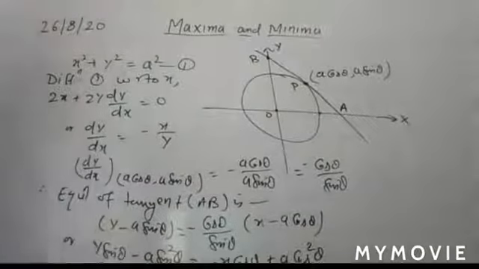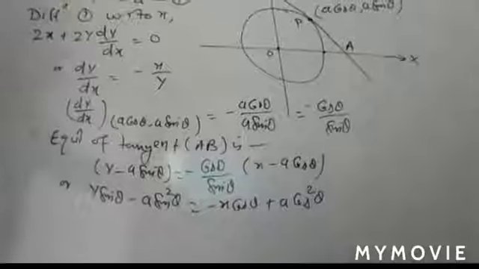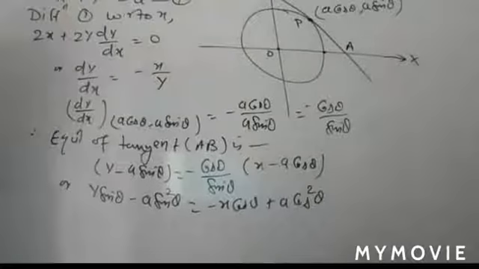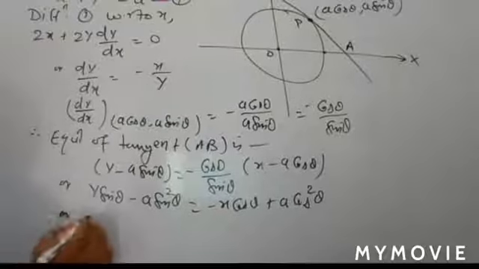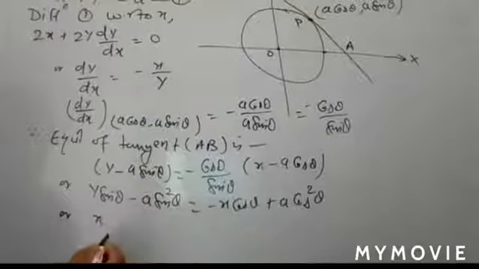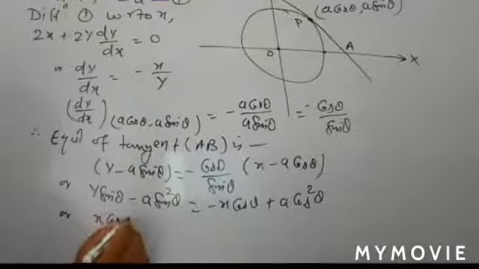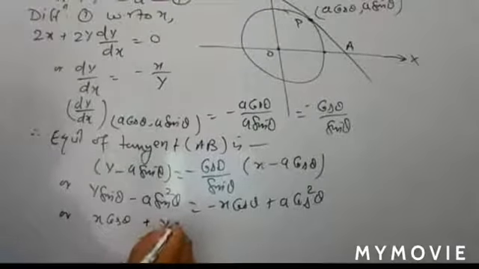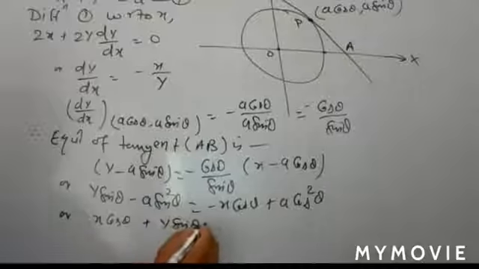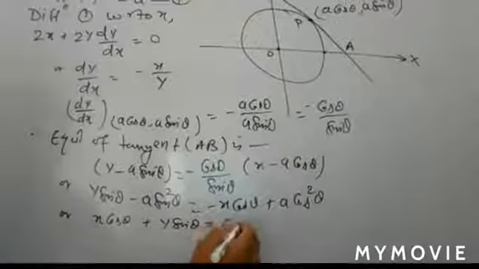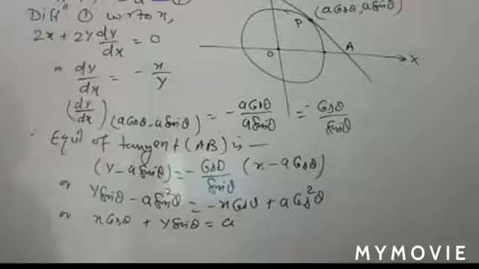Simplifying, you have x cos theta plus y sin theta is equal to a. So this is your equation of the tangent.